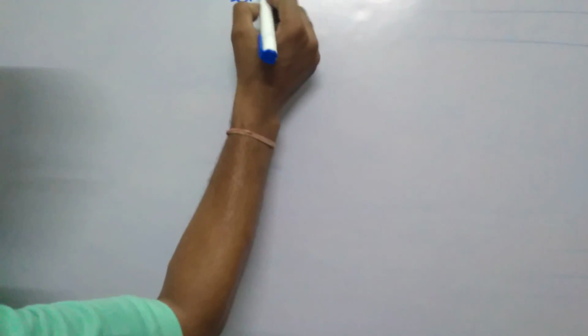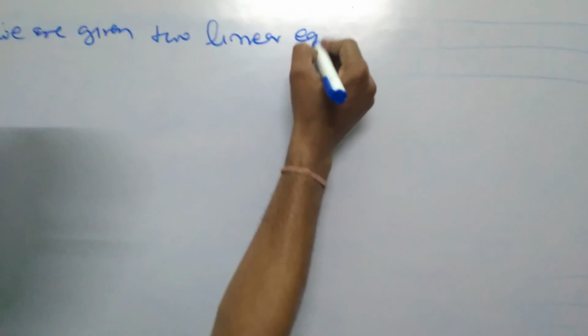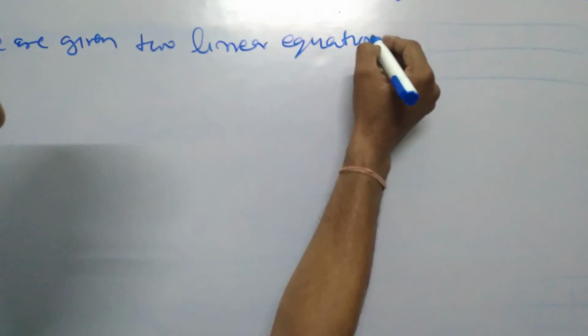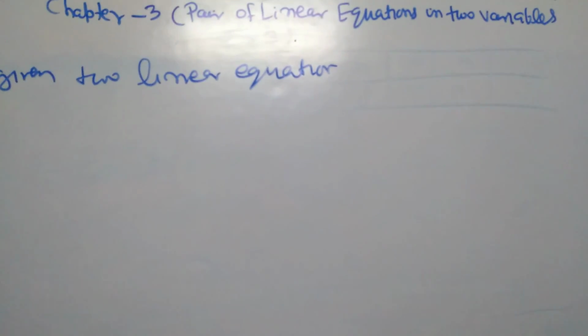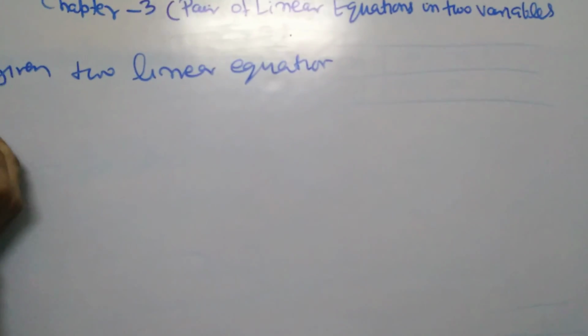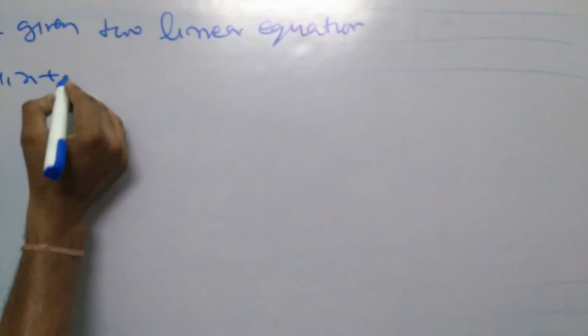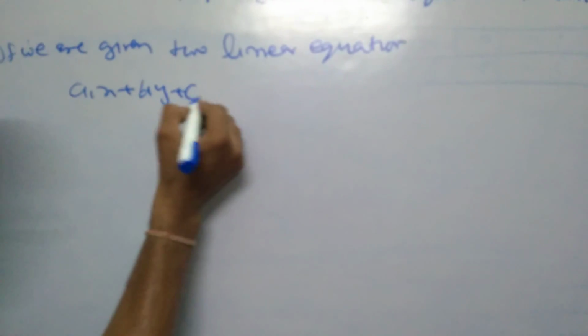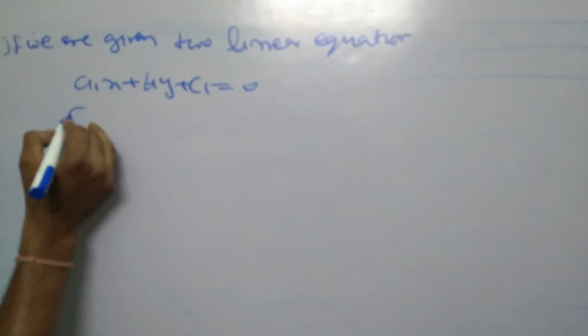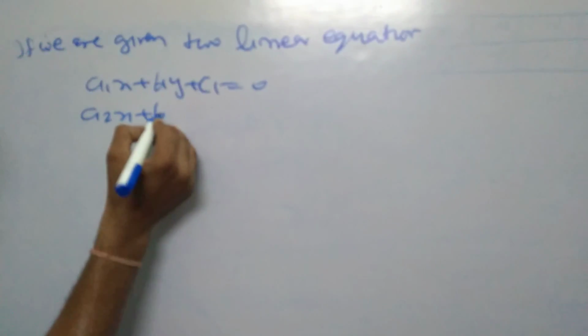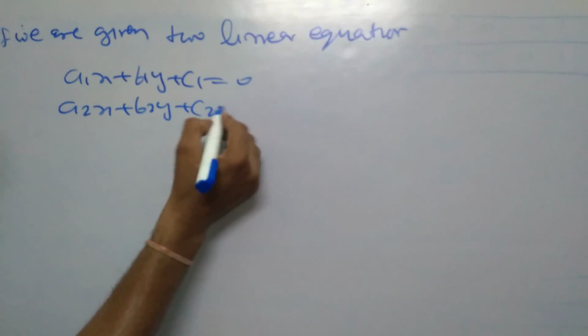Two linear equations a1x plus b1y plus c1 equal to 0, a2x plus b2y plus c2 equal to 0.